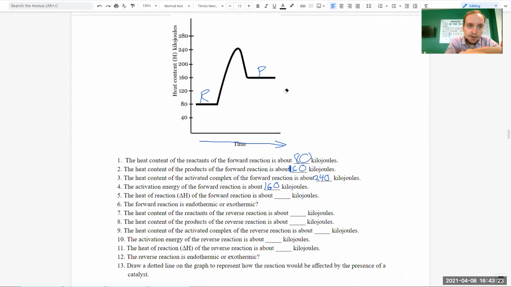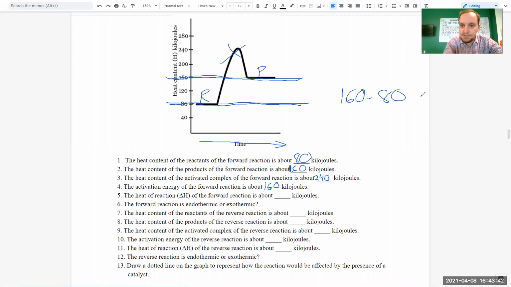All right, so then number 5, it says the heat of reaction, or the delta H of the forward reaction. So the delta H is a comparison of where you start to where you finish. This has nothing to do with it. From the start, which is 80, to the very finish, which is 160. So 160 minus 80 gives you 80 kilojoules.